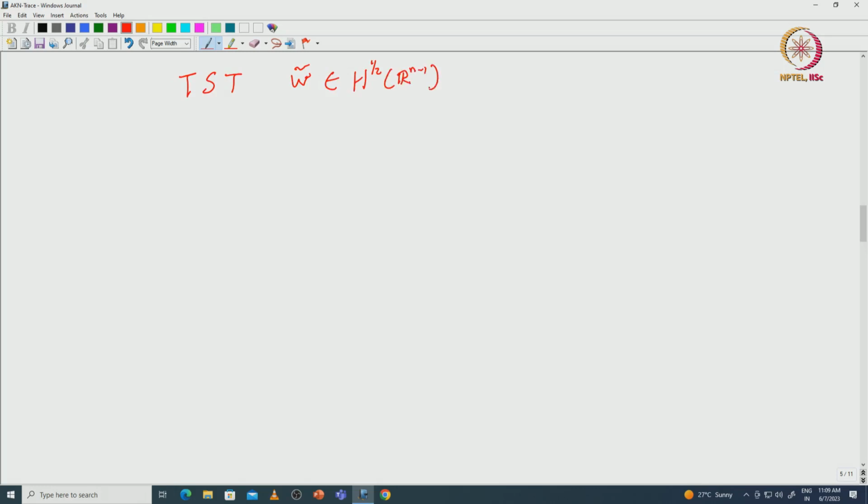That is by definition equivalent to showing that 1 plus mod psi prime square, whole power 1 by 4, times W tilde is in L2 of Rn minus 1. This is what you want to show. So, we will do that: the integral of 1 plus mod psi prime square, whole power half, W tilde.